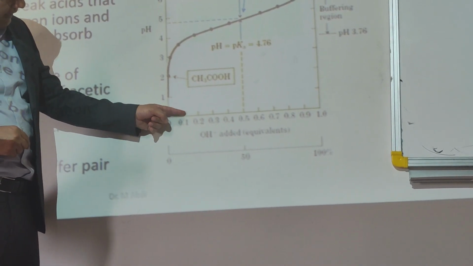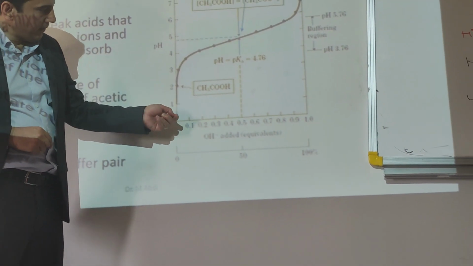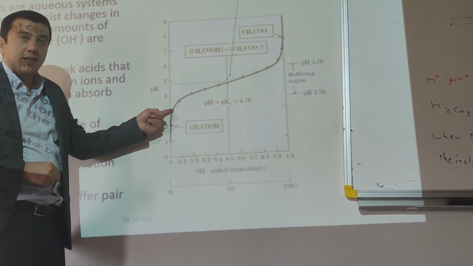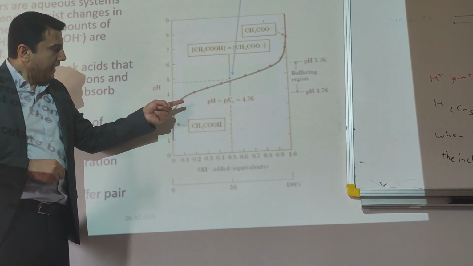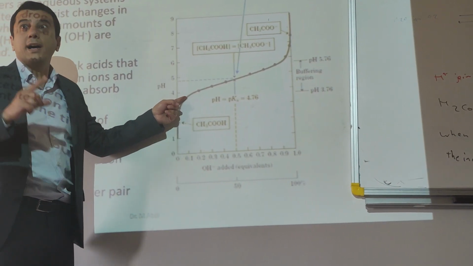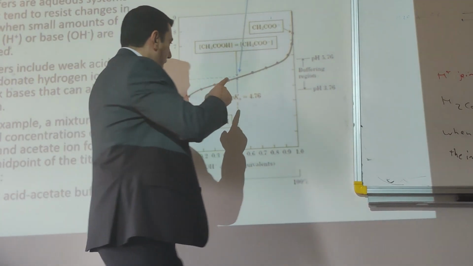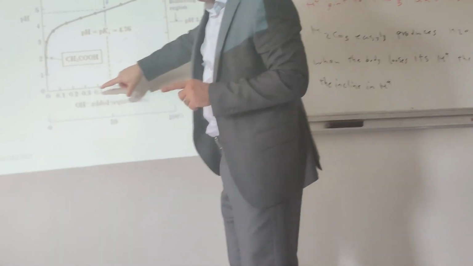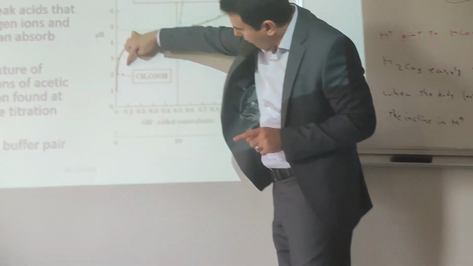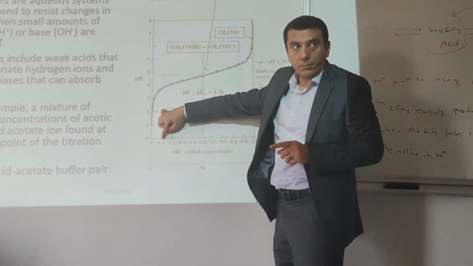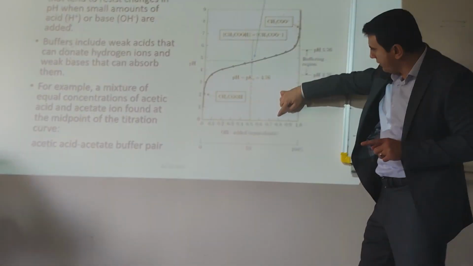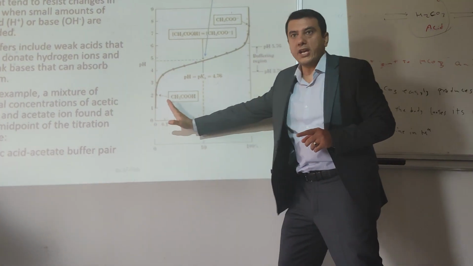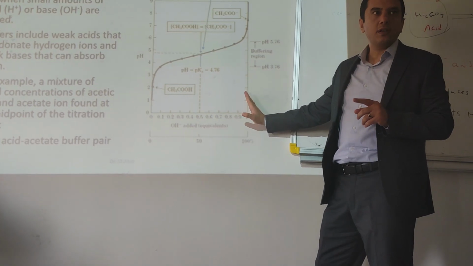Again, when we add some other molecules, the pH increases from 2 to 3. Again, from 3 to 4. But we have a steady state at around 0.1 to 0.9. There is no change in this range.